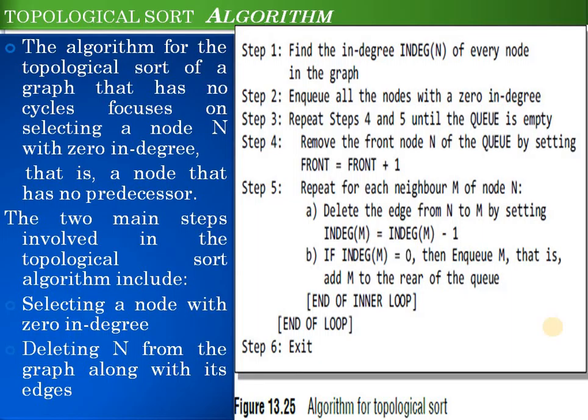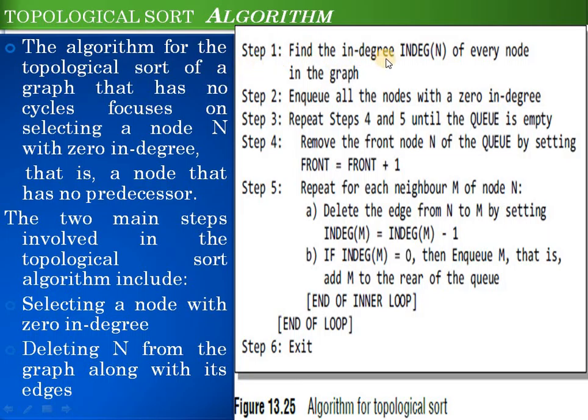The two main steps involved in the topological sort algorithm are first, selecting a node with 0 in-degree, and second, deleting n from the graph along with its edges. Now consider this example.